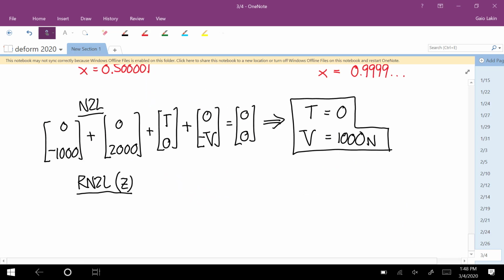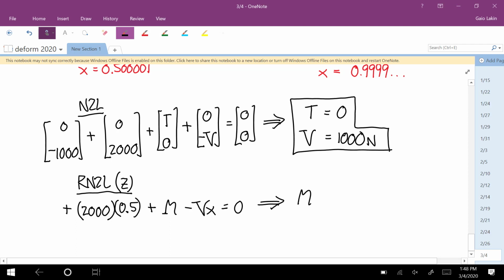And that would be a counterclockwise moment. So we have positive 2,000 times 0.5. And then the only other ones are the M and the minus Vx is equal to 0. And so our function for M is 1000x minus 1000.